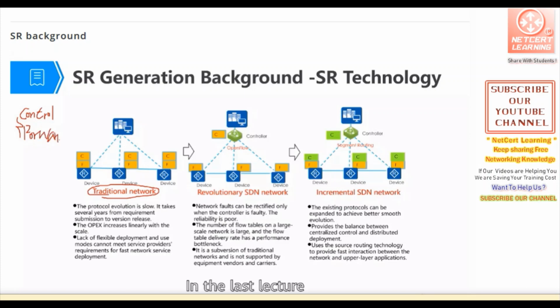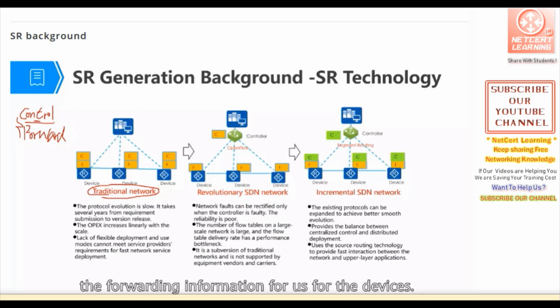In the last lecture, we learned what the control plane and the forwarding plane are. The control plane is a process that helps us build the tables, maybe the MAC table, maybe the routing table or MPLS table. So the control plane stores the forwarding information for the devices. And the forwarding plane follows those tables built in the control plane to forward the data.